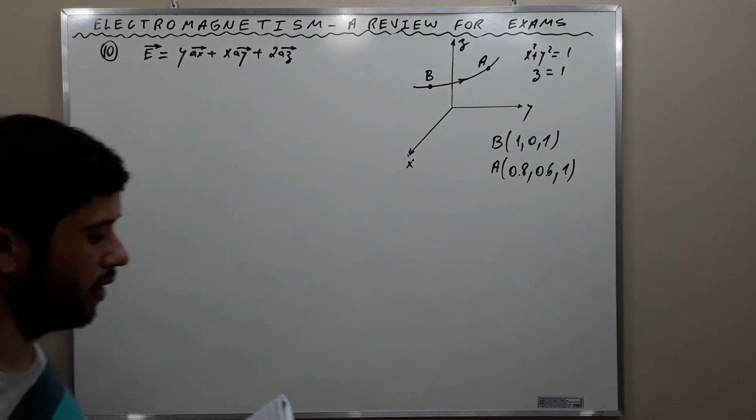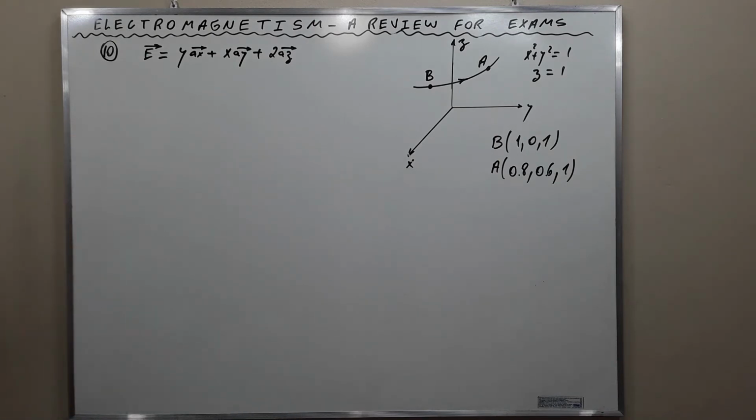Exercise number 10. Determine the work expended in carrying 2 coulombs of charge from B to A along the shortened arc of the circle x squared plus y squared equal to 1 at z equal to 1.